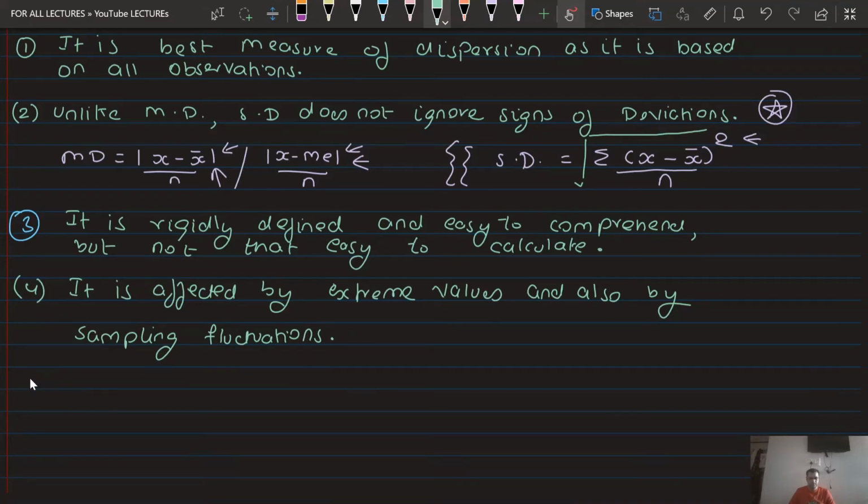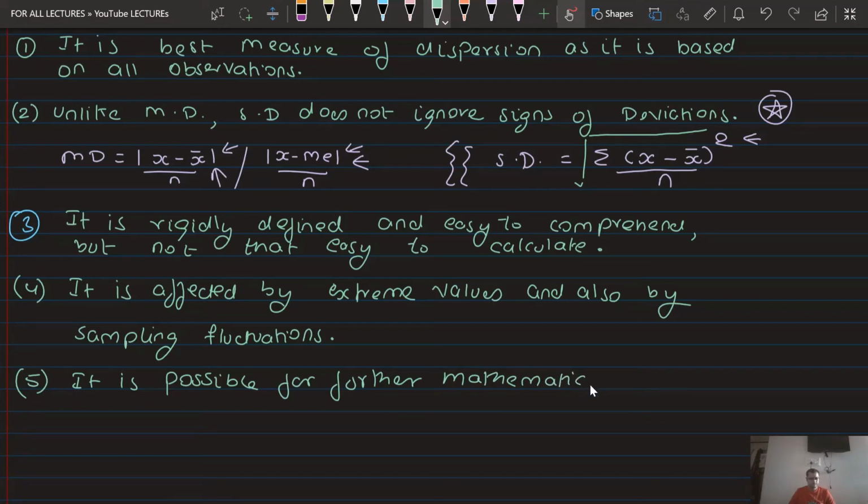And number 5 point that we need for now, it is possible for further mathematical treatment. So what is the meaning of further mathematical treatment?